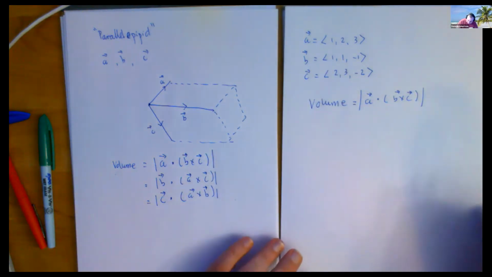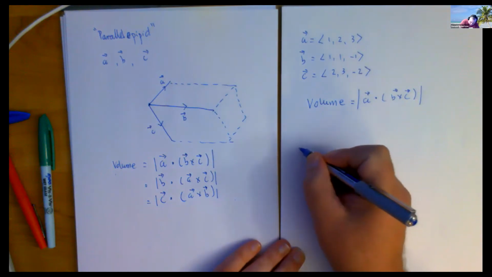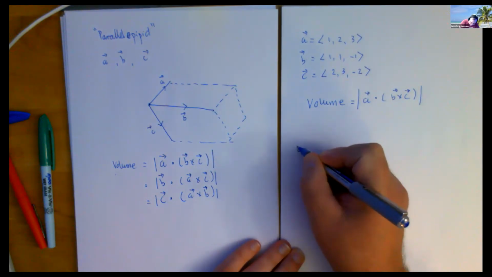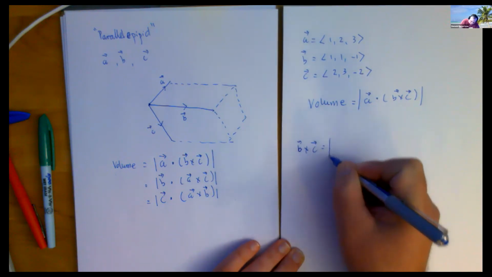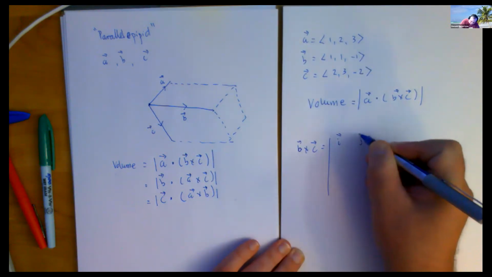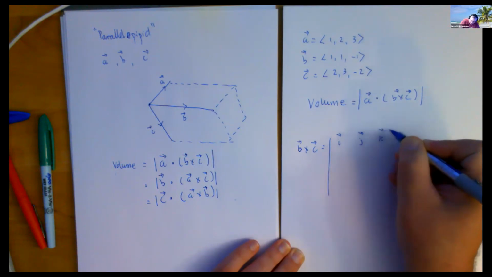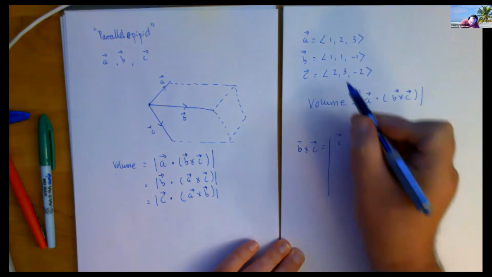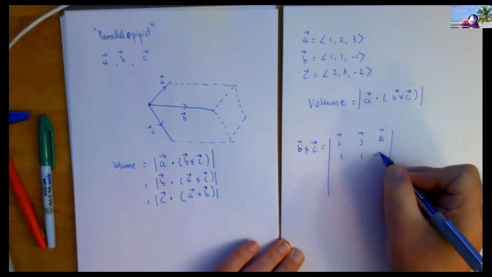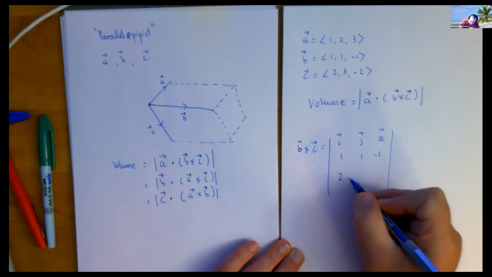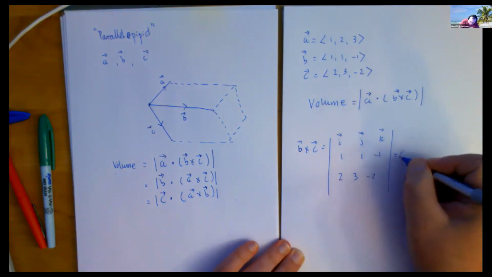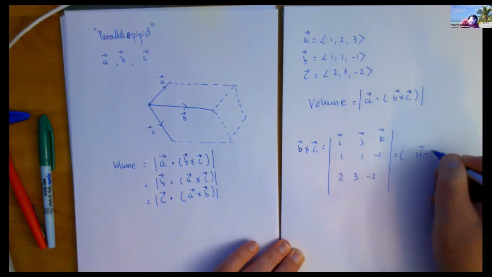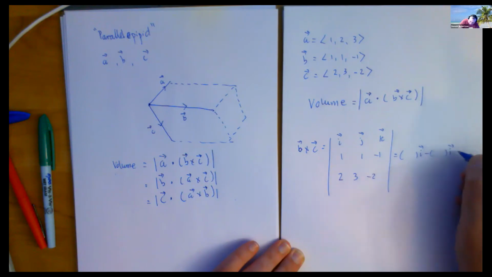So what I would be looking at here is, let's find B cross C. So it's going to be the i vector, the j vector, and the k vector. B is 1, 1, -1, and C is 2, 3, -2. So we're going to get so many i, take away so many j's, plus so many k's.